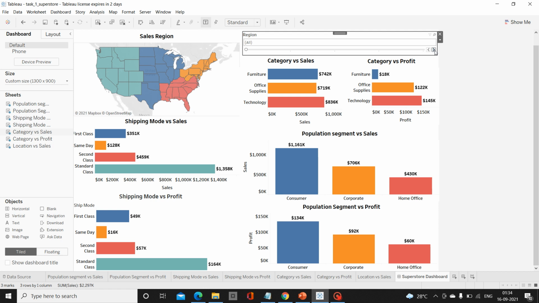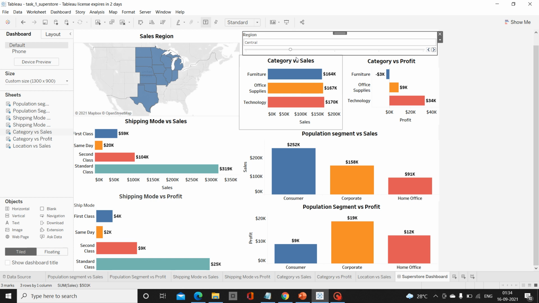But while exploring the dataset, we come across some very important and serious facts. In case of central region, we see that the contribution of consumer segment is the highest in sales, but at the same region we have the lowest contribution of consumer segment in profit.